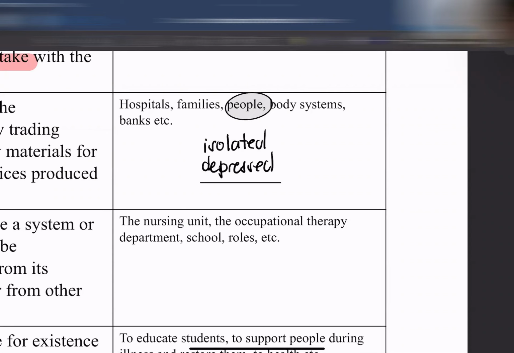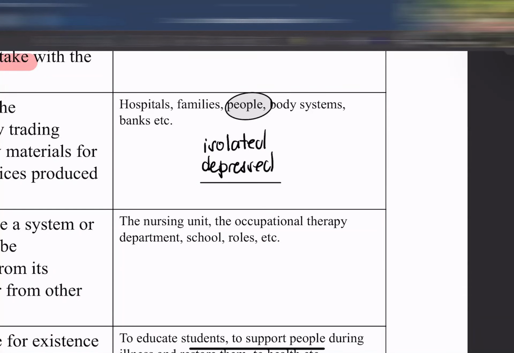Financial, sir. Financial, okay? Anyway, class, look at that. Financial problems, family problems, social problems, overthinking. When they are doing that, they are actually interacting with the environment. So class, they are considered to be an open system.